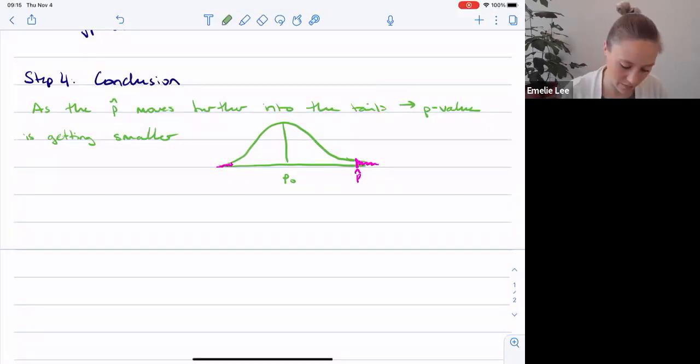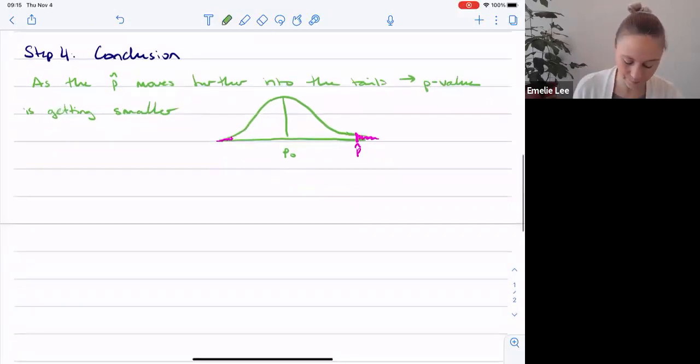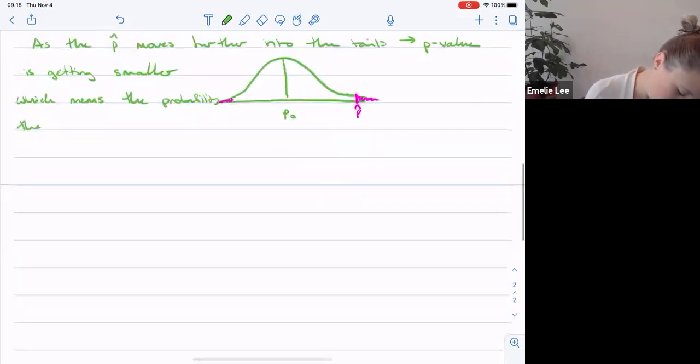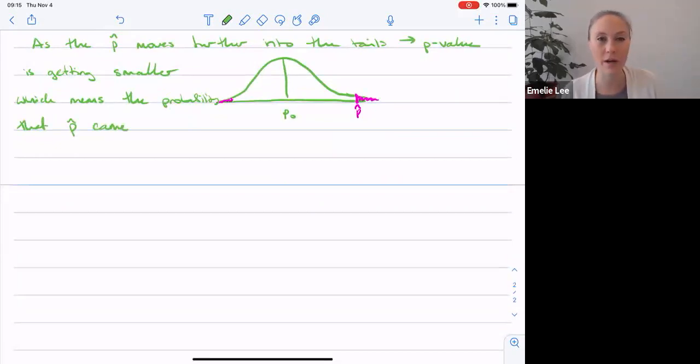Which means the probability that p hat came from the hypothesized population is becoming less likely.